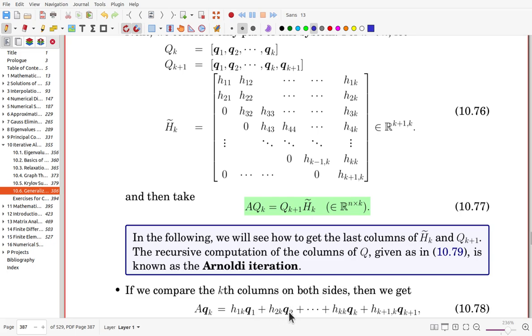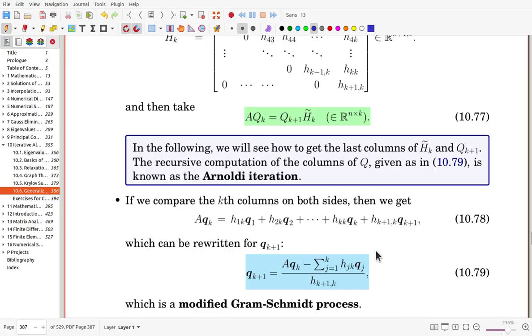So we have that right side. What we have to get is qk plus 1, and of course this coefficient. So we move this to the left-hand side and divide by hk plus 1,k to get qk plus 1. Okay, that's the equation. And this is a form of modified Gram-Schmidt process.